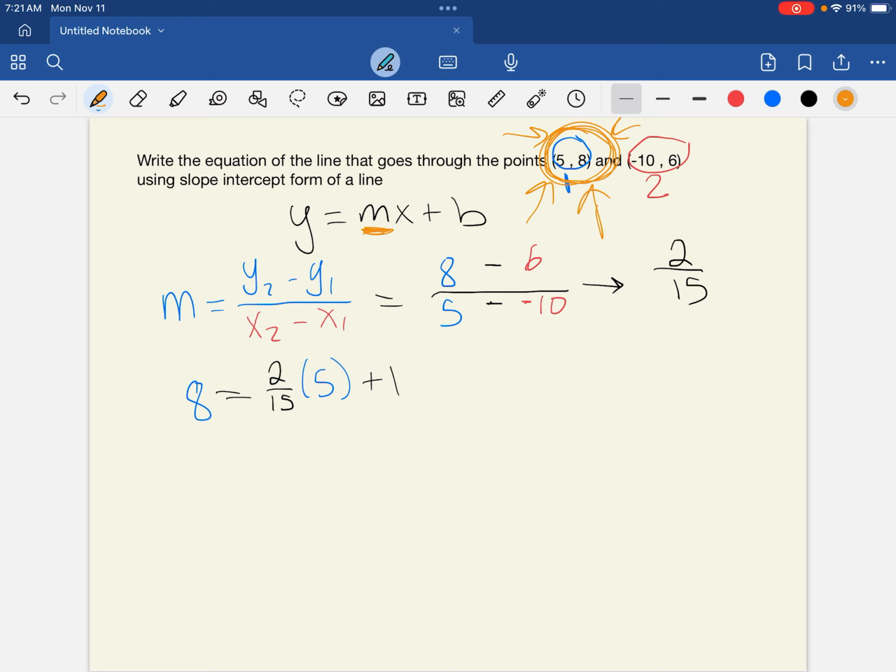Okay, from here, I am going to solve, and this should be b, not 1. I'm going to solve that equation for b. So the first thing I'm going to do is multiply my slope and my x coordinate. So I'm going to take 2/15 times 5.